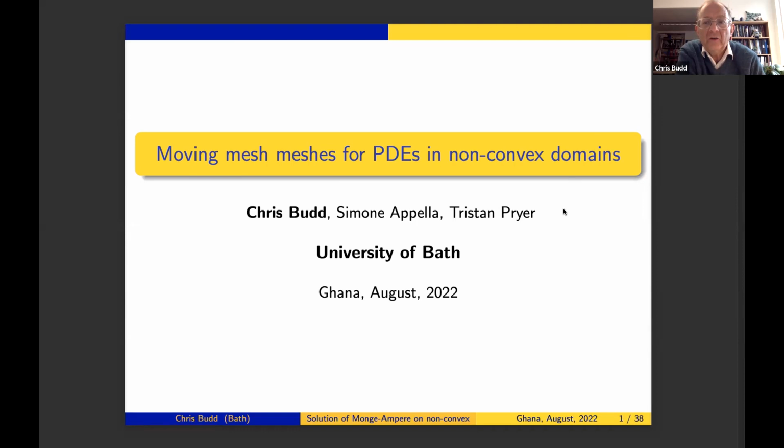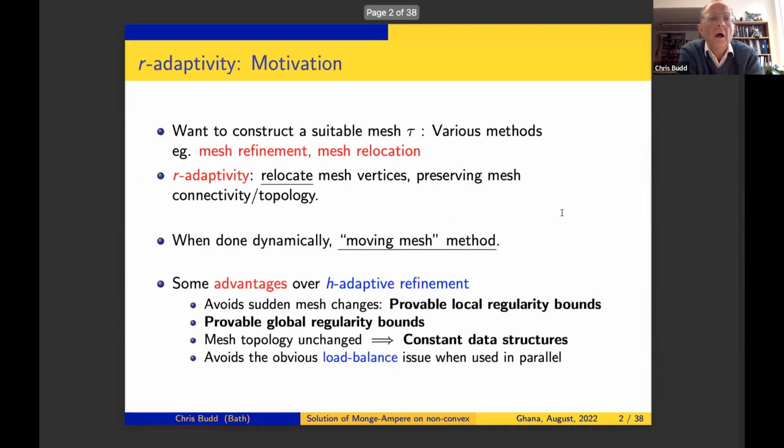Right, well, let's set the scene then. The idea is that we want to solve a partial differential equation, and imagine that we want to solve this using some sort of method. Typically, that might be a finite element method, discontinuous Galerkin, for example.